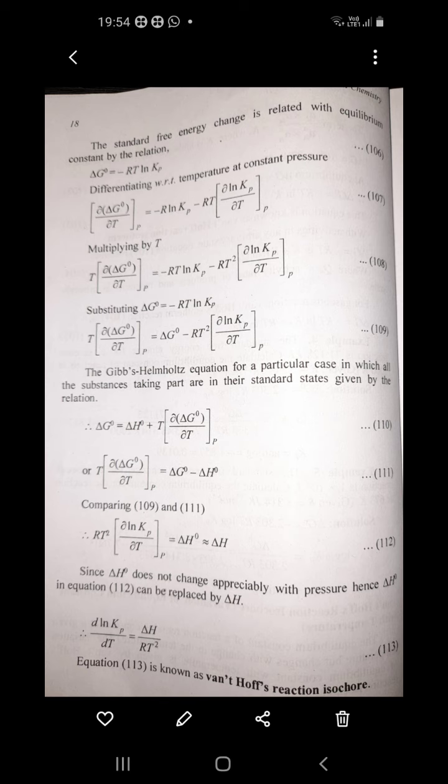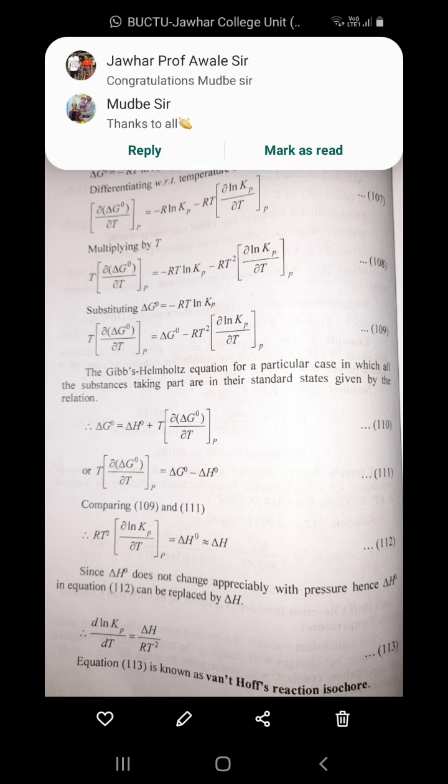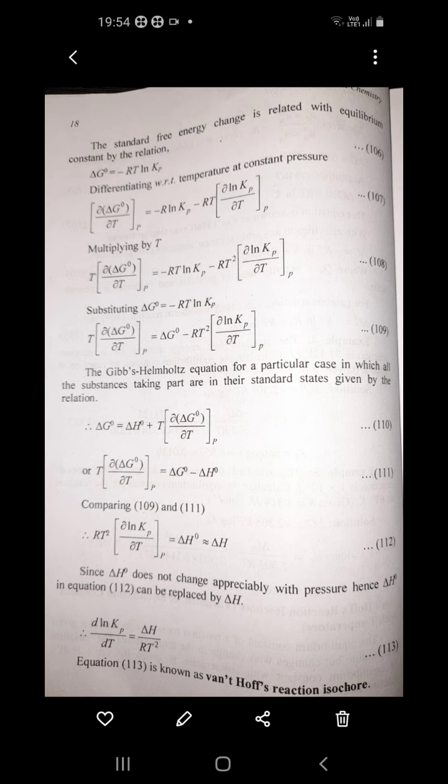The Gibbs-Helmholtz equation for the particular case in which all the substances taking part are in their standard states is given by the relation delta G0 is equal to delta H0 plus T in bracket d delta G0 upon dT at constant pressure P. That equation we have already studied as the Gibbs-Helmholtz equation.